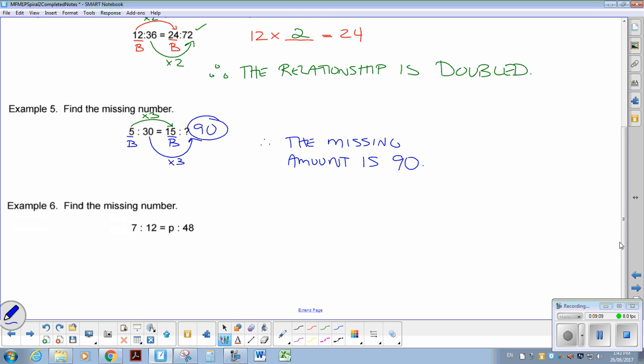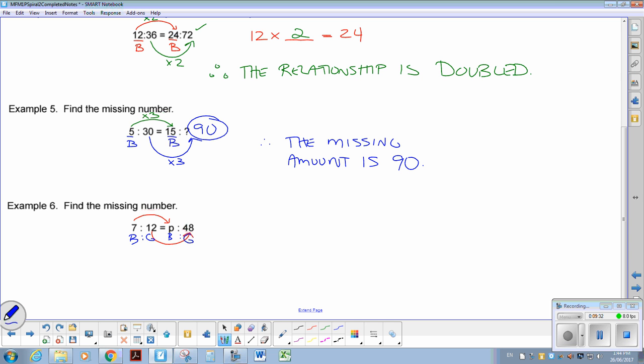And example 6. So what have they done here? Well, the first one is now the unknown, so I can't just use it. So I'm going to go to the second one. So they told us boys to girls, boys to girls. Well, this time we don't know how many boys are in the new class. We know how many girls.